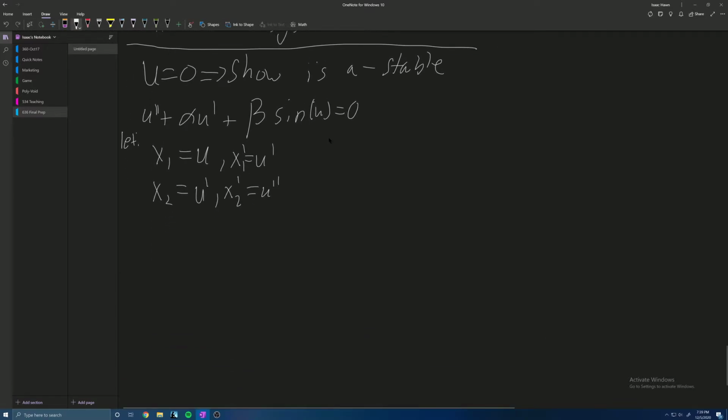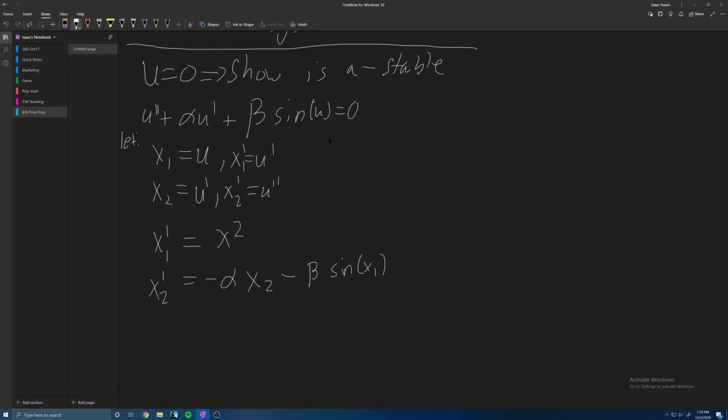So we see that x1 prime and x2 are the same. They're both u prime. So we can say that x1 prime equals x2. Further, we can say that x2 prime, which is equal to u double prime, is equal to minus alpha times x2 minus beta sine of x1.